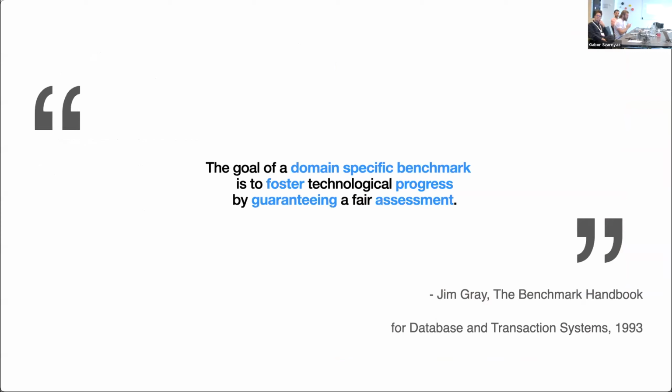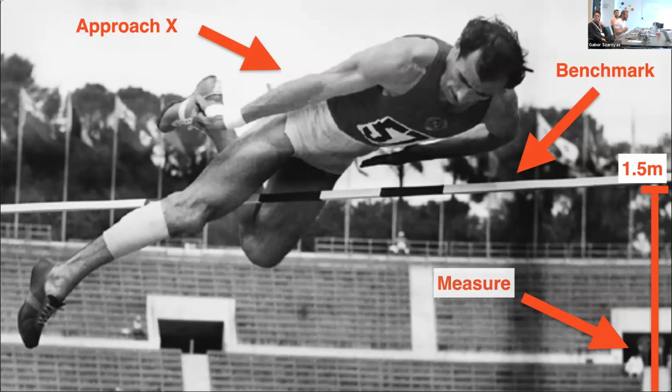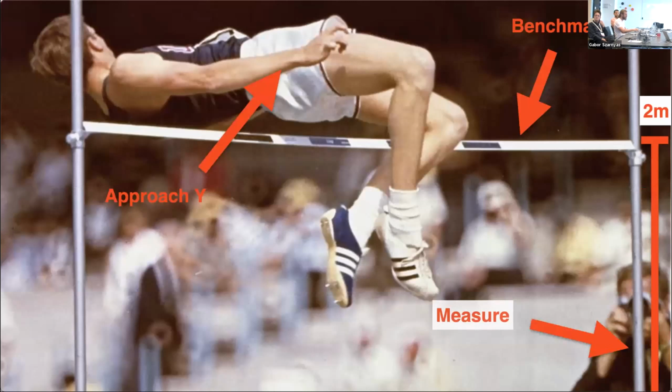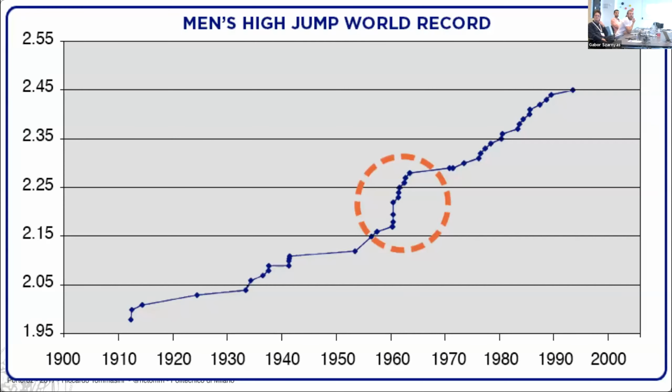Because the goal of a domain-specific benchmark is to foster technological progress by guaranteeing a fair assessment. That's Jim Gray's words, not mine, which means that like in the past, things were done in a certain way, at a certain point a person arrives and changes the world, like the men's high jump world record, which by the way this year an Italian won, and change and scale out.